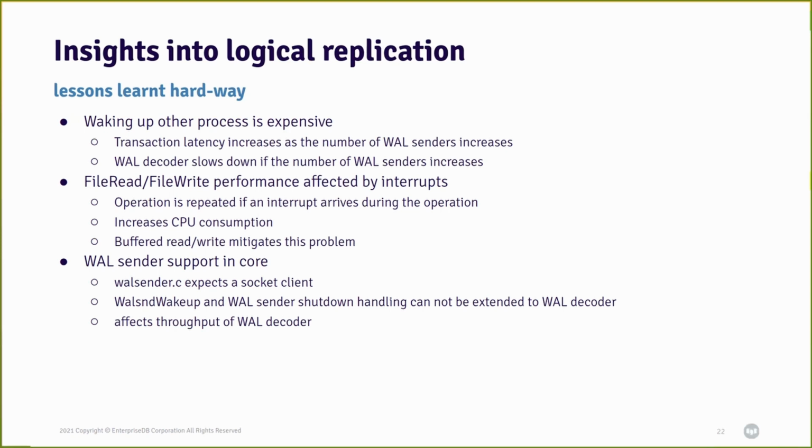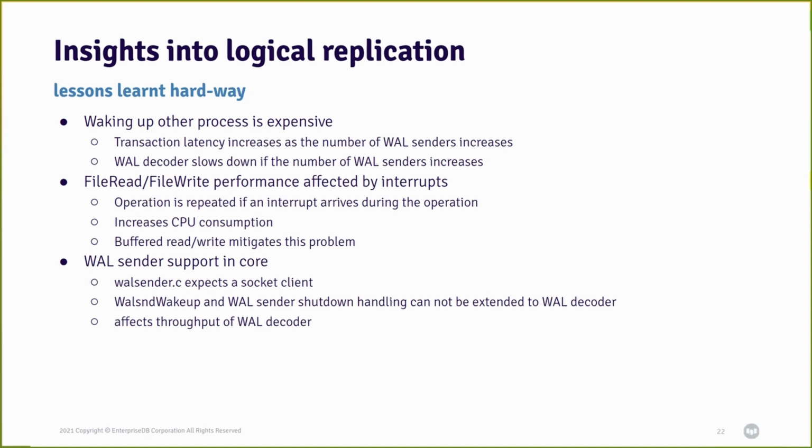And third is the WAL sender support in the core PostgreSQL itself. As we have already seen, the WAL sender and WAL decoder are very similar, except that the WAL decoder writes to the disk, whereas WAL sender sends it to the other PostgreSQL server. But walsender.c, which is the C module implementing WAL sender, is heavily tied with a socket client.